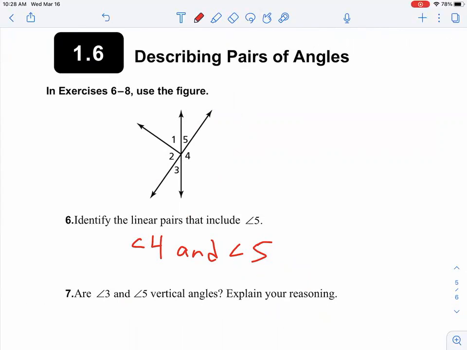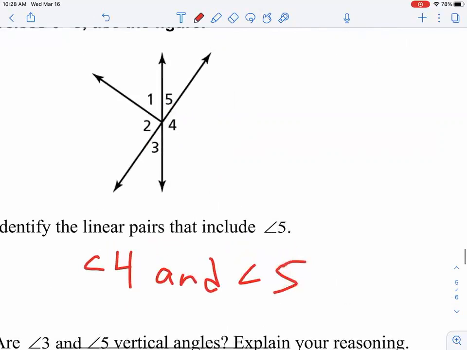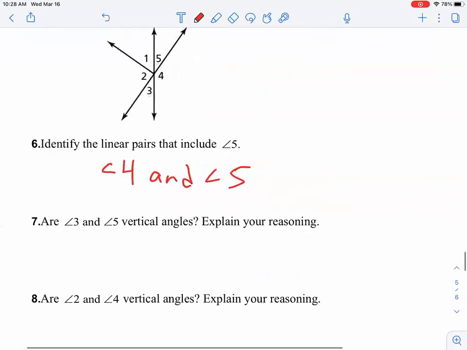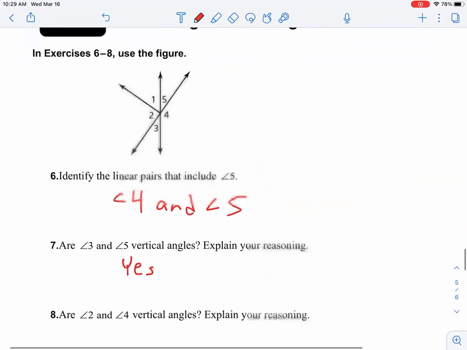All right, are 3 and 5 vertical angles? That's this guy and this guy. Well, if I remember, they have to be made up from the same lines, which they are. So yes, 3 and 5 are vertical angles. You can word that any way you want. They share a vertex and are congruent, made up of the same lines.